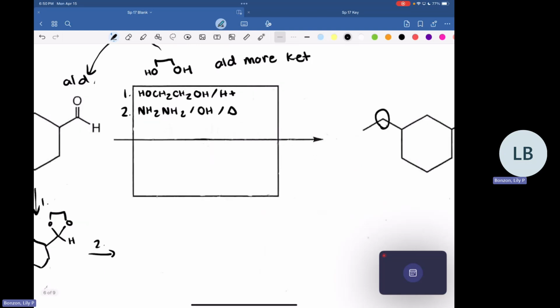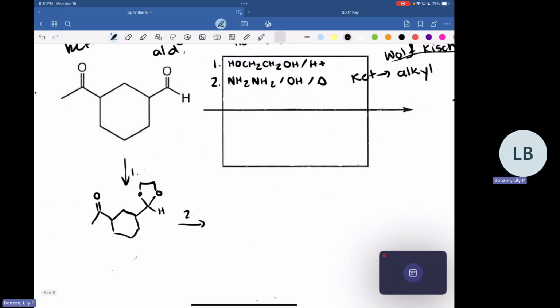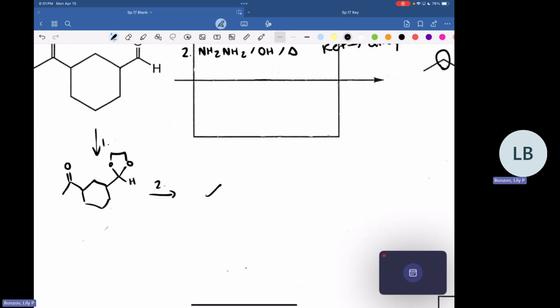And so what this does is it takes a ketone and it just turns it into an alkyl group. And again, that's the Wolff-Kishner. So a good one to know. Again, what that does is it just turns the ketone into an alkyl group. So now our group on the left is just an alkyl group.